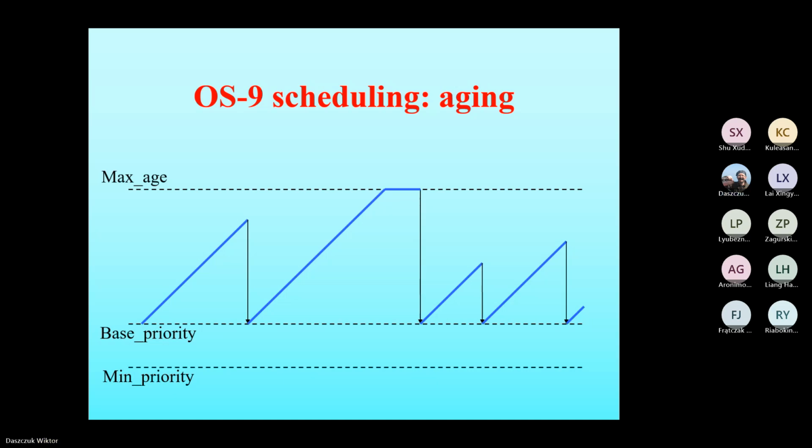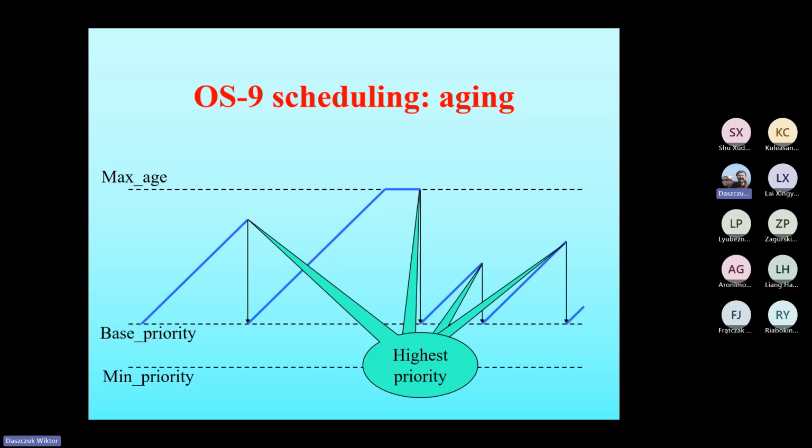This rule of scheduling is called aging. It is called aging because the older the process is and the longer it does not get the processor, the higher its priority. And which process gets the processor?